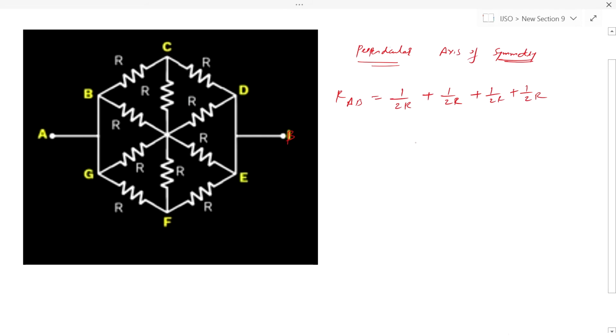How come 2R? All these connections won't happen, right? Because the potential at these points is the same, so this would be like a Wheatstone only, no?